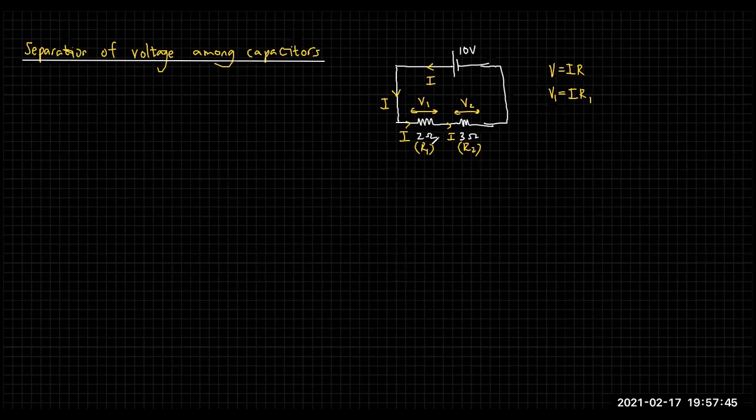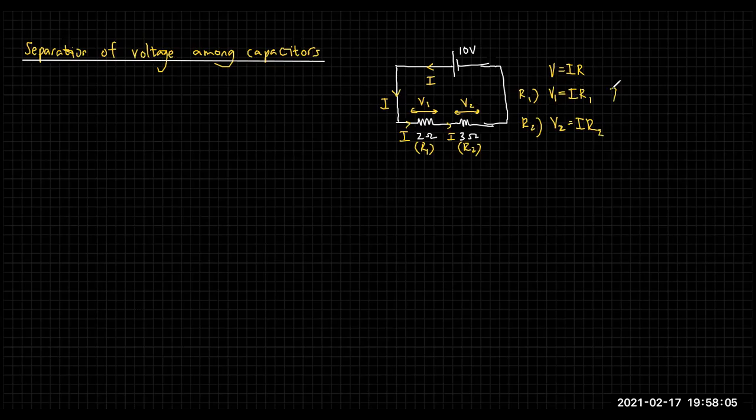I'm applying the equation for this resistor: the voltage across it is V1, the current is I, and the resistance is R1. If you apply it for the second resistor, that is going to be V2, a different voltage, equal to the same current I times R2.